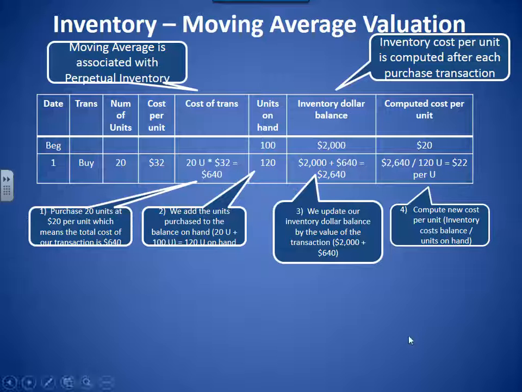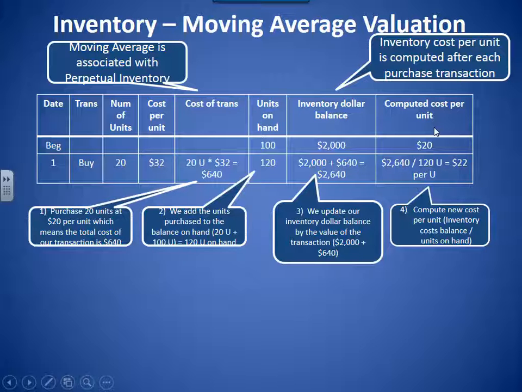We have a perpetual inventory record. You can call this a physical card or a computer record, whatever you want to call it. We see our date, the type of transaction, the number of units involved, the cost per unit, the cost of the transaction, the resulting number of units on hand, the inventory dollar balance, and the computed cost per unit.